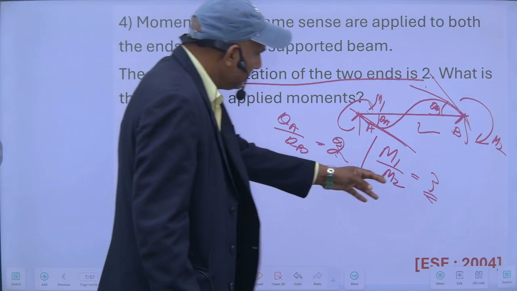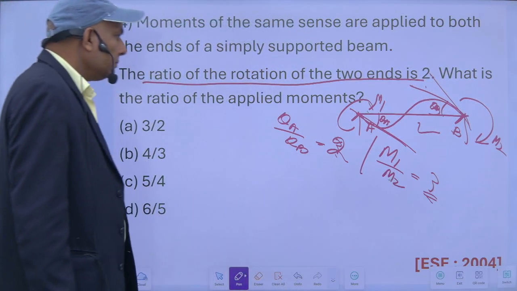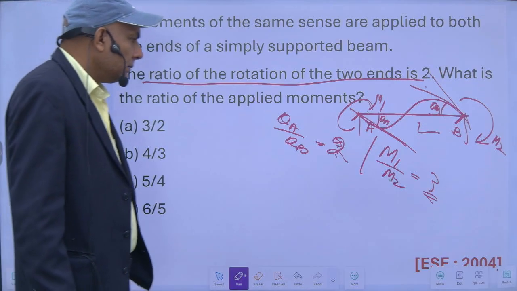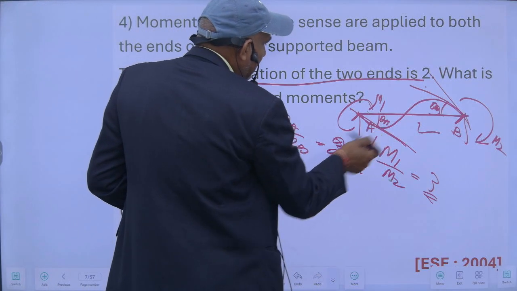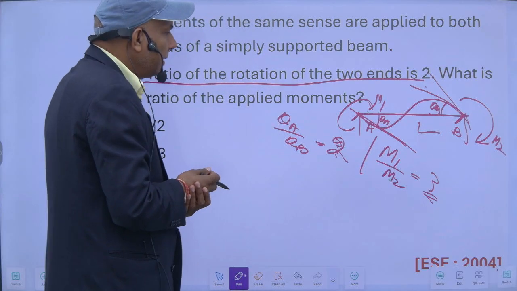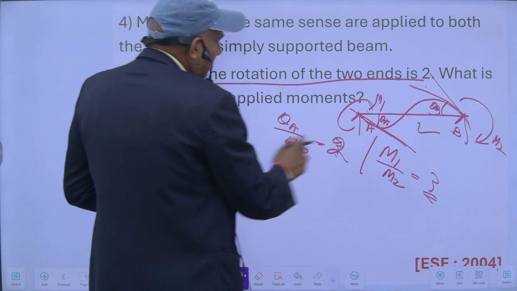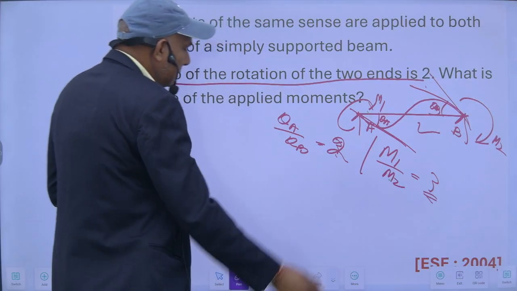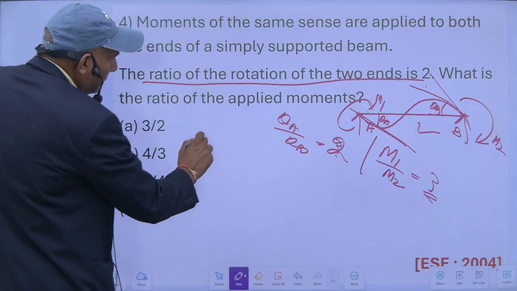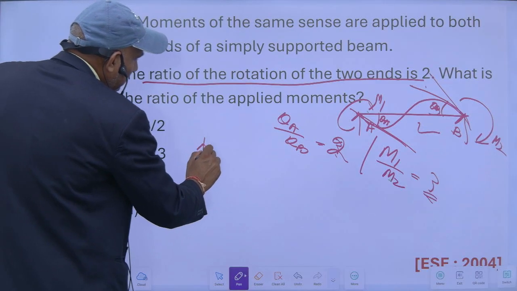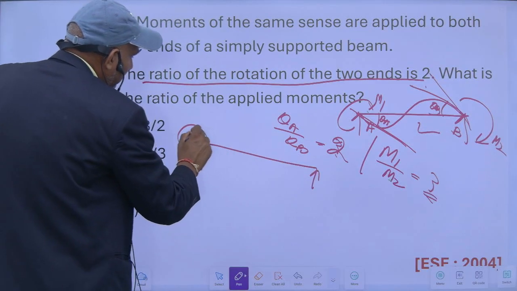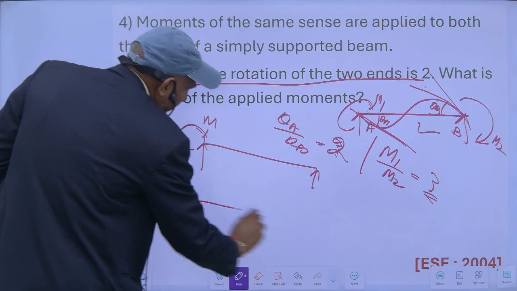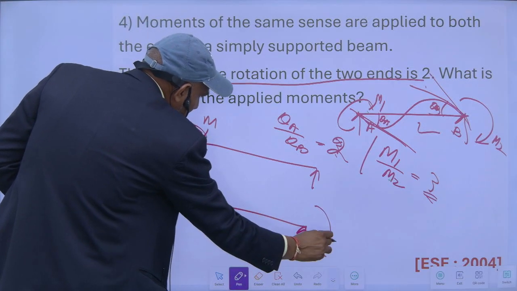For this, as I had discussed in the previous questions, I can treat the slope at this point separately. It will be like this. This is M1 and this is M2.